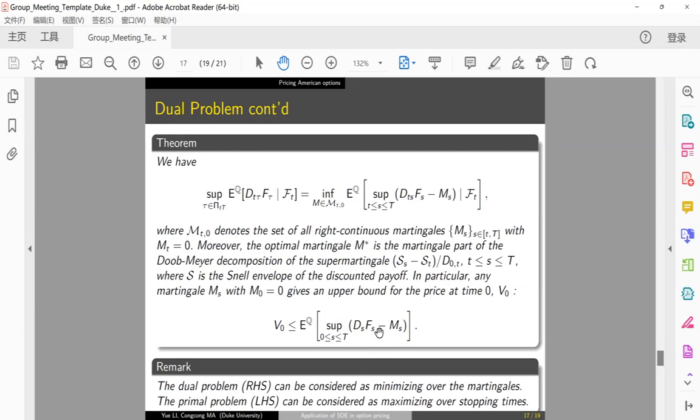And then we also recognize that the Snell envelope is a supermartingale with the Doob-Meyer decomposition we just mentioned, so that we can decompose this part with M star into something which is upper bounded by the value of the Snell envelope, so that we can get an upper bound, and the equality is achieved when this optimal martingale is reached.